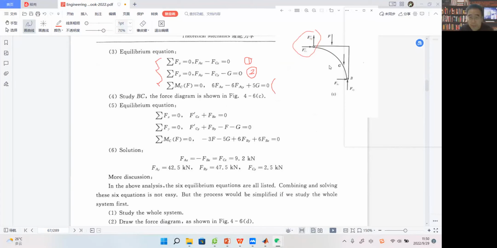We have discussed how we give its force analysis, right? This is BC. So we should give its 3 equilibrium equations. Let us do this together. So first is sigma Fx equals 0. So we have Fcx prime plus Fbx. This picture is a little small. Can you see it?